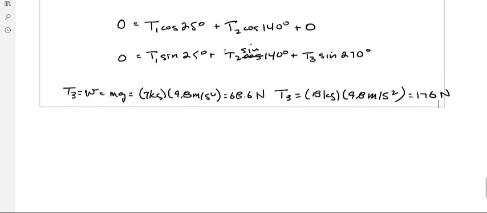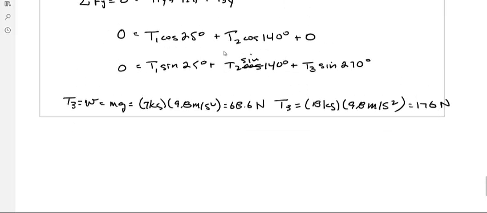So we can then come up with these two equations. 0 is equal to T1 cosine of 25 degrees, which is 0.906, plus T2 times the cosine of 140, which is a negative 0.766, plus 0.